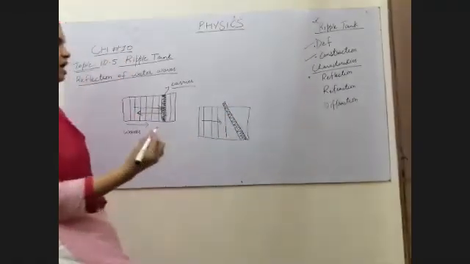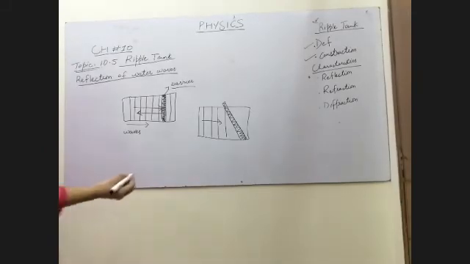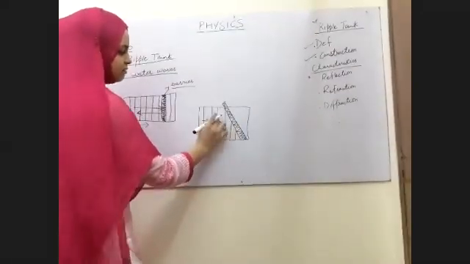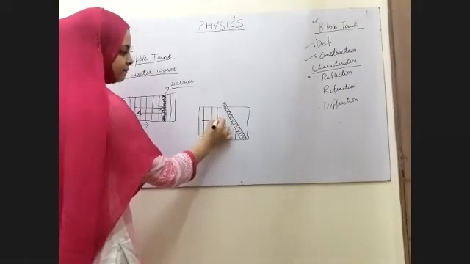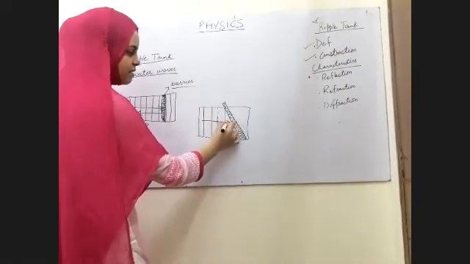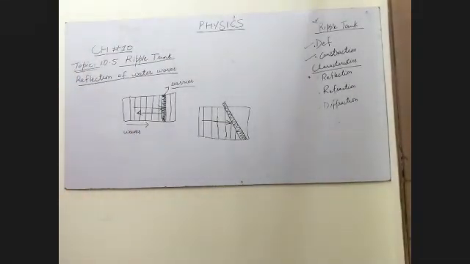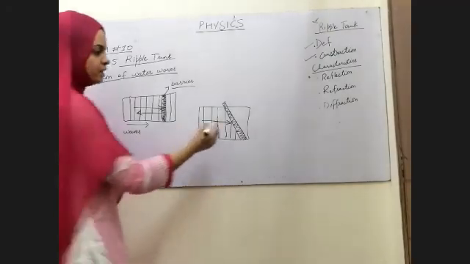Now what will happen when the water waves hit this barrier? They change their direction of motion, meaning the particles of the water waves start traveling in another direction with some angle.